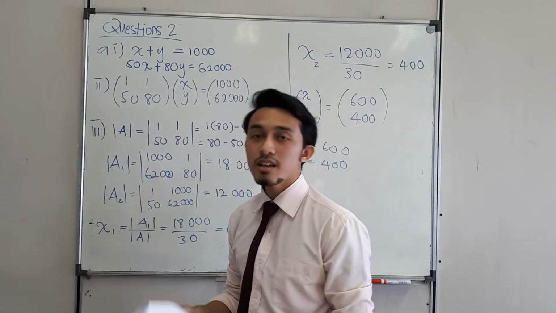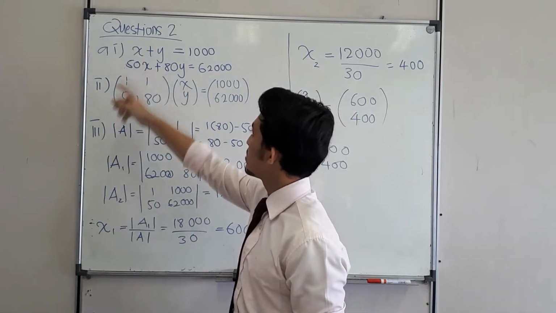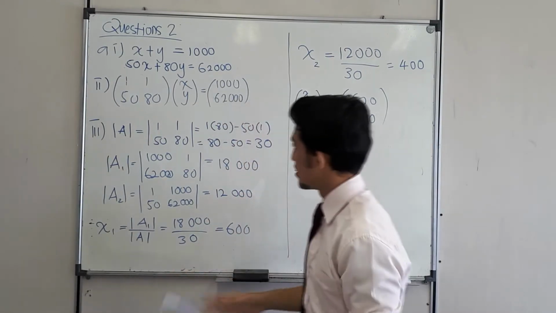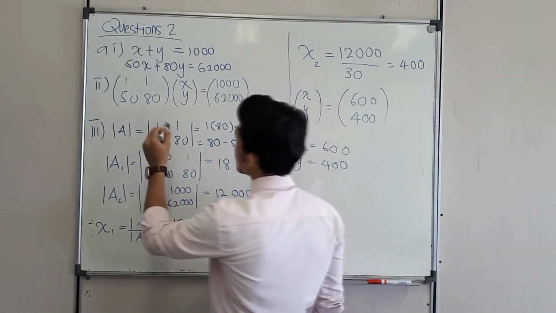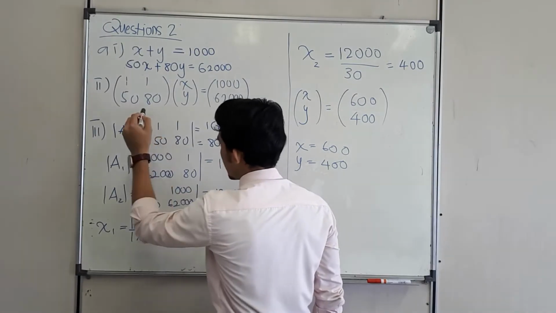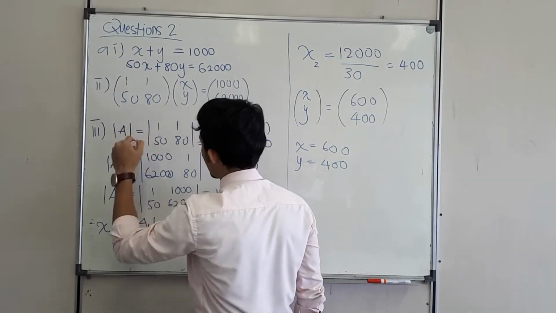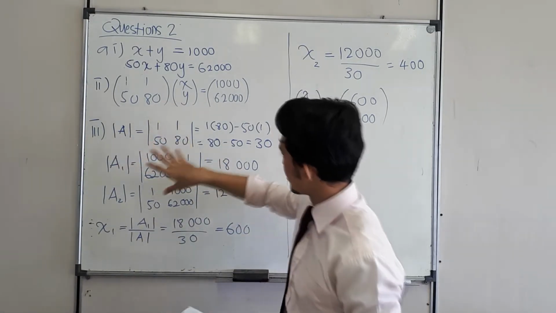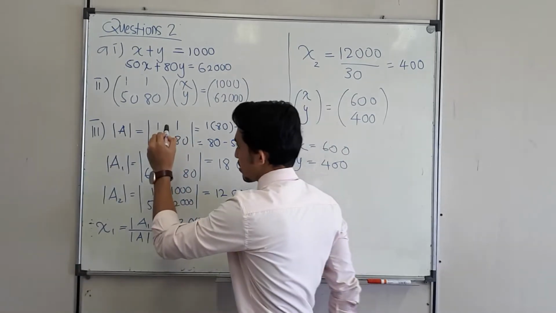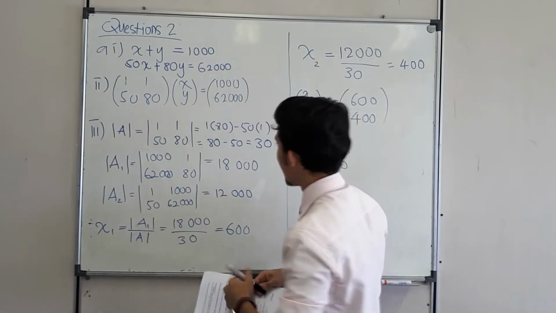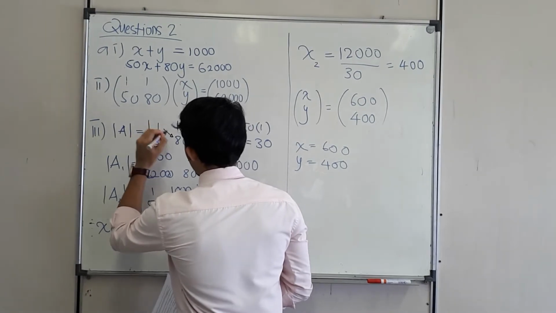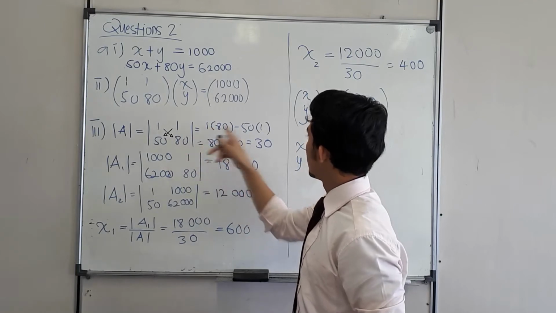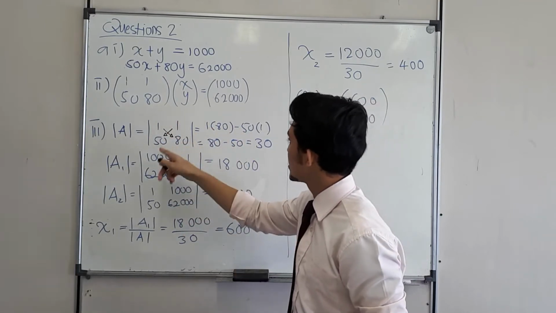So to calculate the amount of both brands, which are the X and Y brand, we need to find A determinant. To find A determinant, we just put this on this. So this is what we call the determinant. When we are in this situation, we just cross multiply, like this. So 1 multiply 80, and then minus 1 multiply 50.